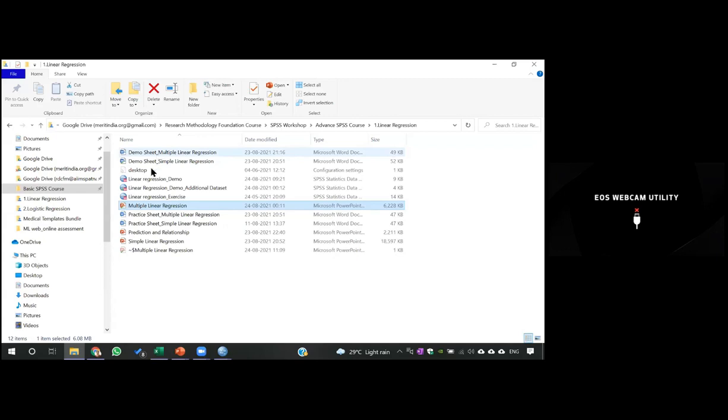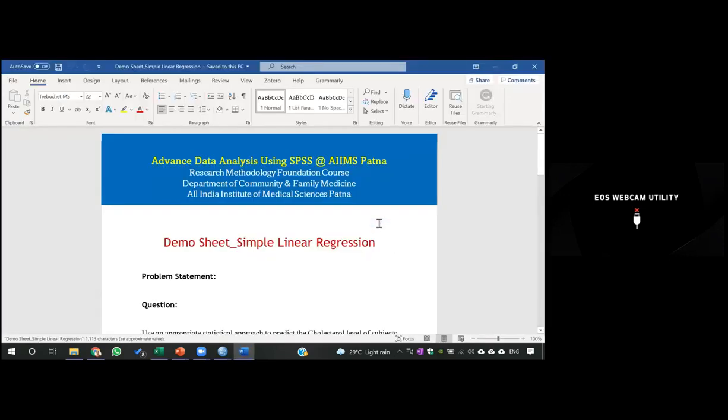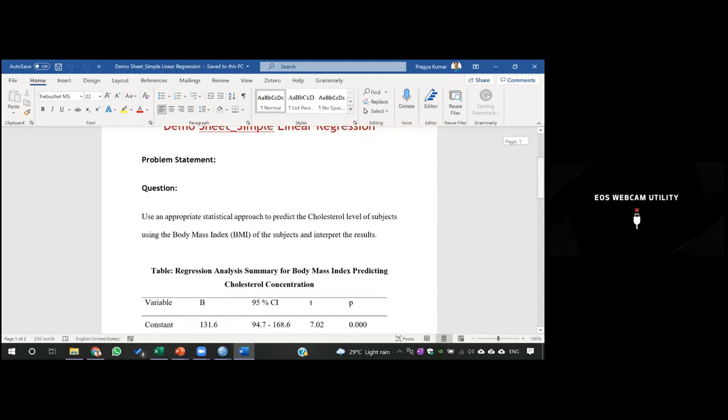So this is the linear regression. So this was the problem statement.